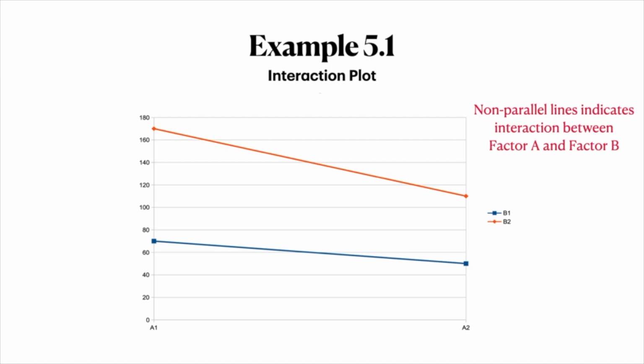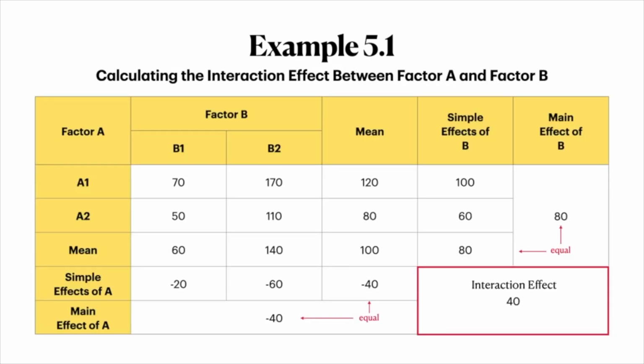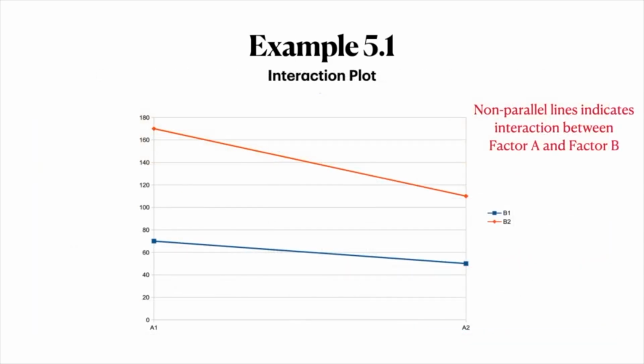And the mean for the treatment combination A2B2, an orange point, is at 110. Let me go back one slide. That corresponds to the four treatment combination means in the upper left portion of the table. And then what I've done is connect the points with a straight line, using a color corresponding to the level of B.